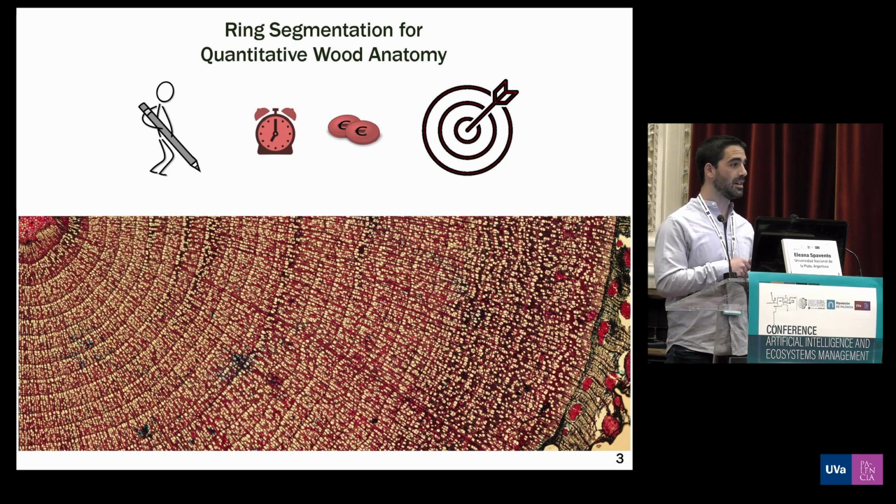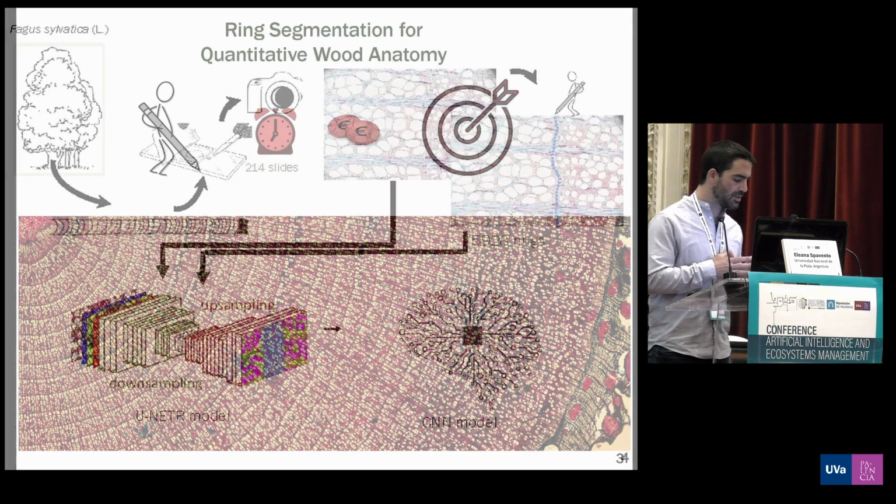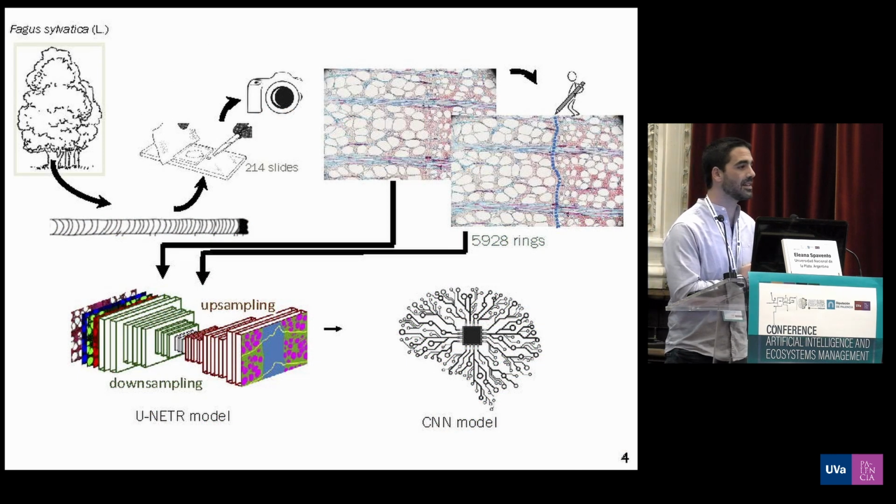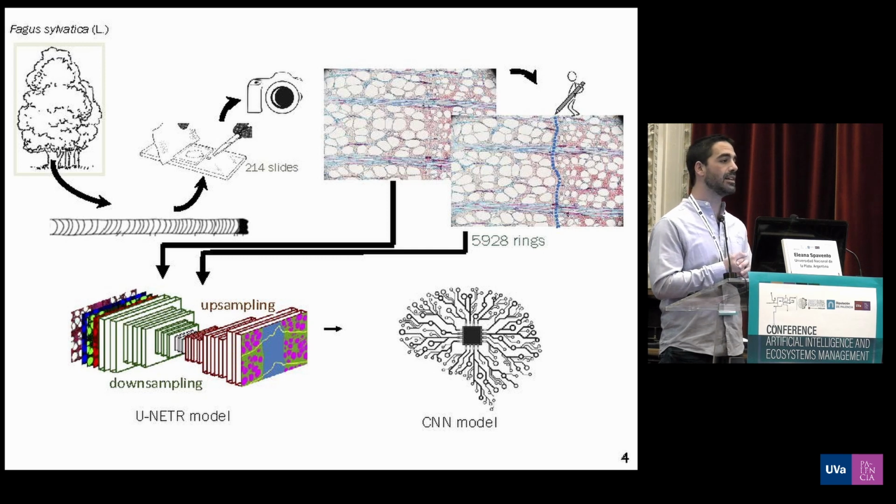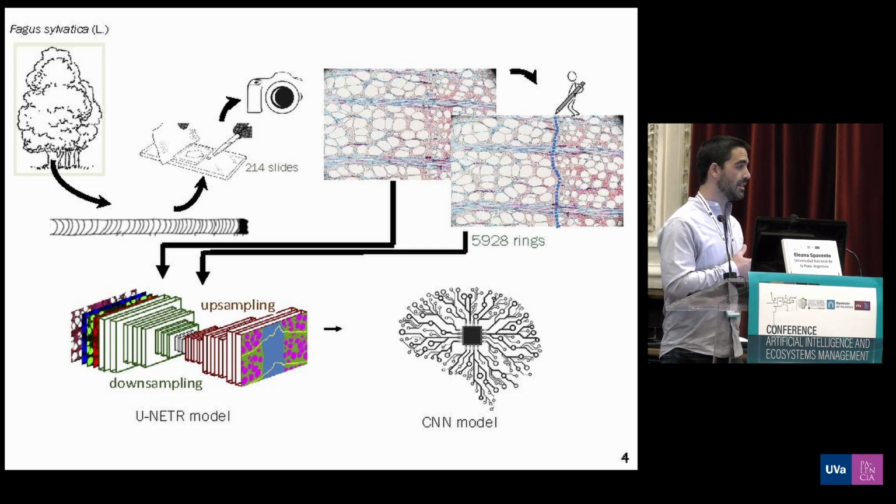based on UNETR deployment methods, and we got cell-by-cell segmentation. But that is not useful if you don't have the ring limit. The ring limit must be done by the technician, by specialized people trained to do it, because different species have different patterns and different ways to detect the rings.